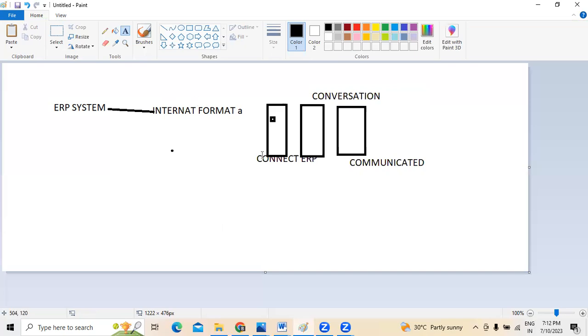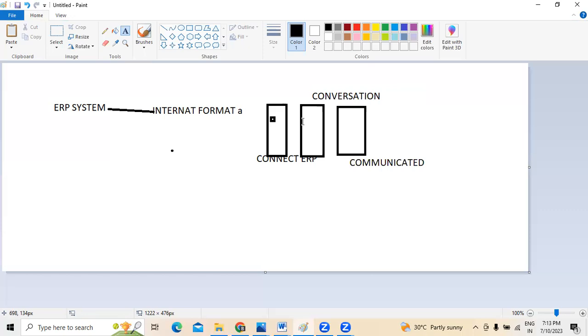First of all, we connect to the ERP system, and from that ERP we send the information to the conversation. From the conversation, it will be sent to the communication, right? So communicate. These are the three different stages which normally happen.